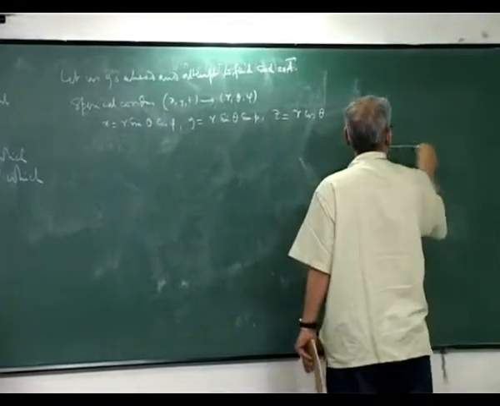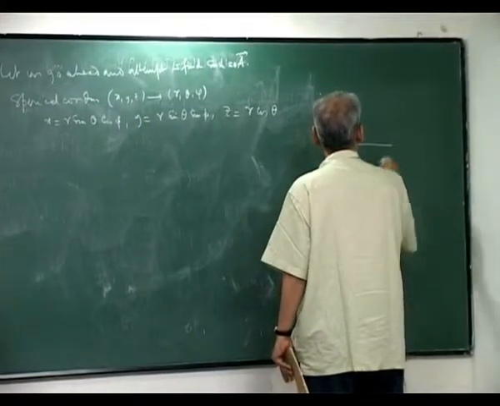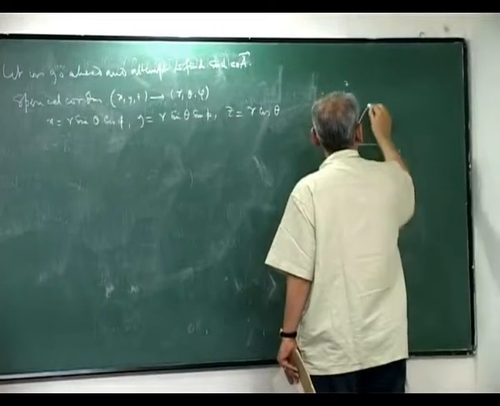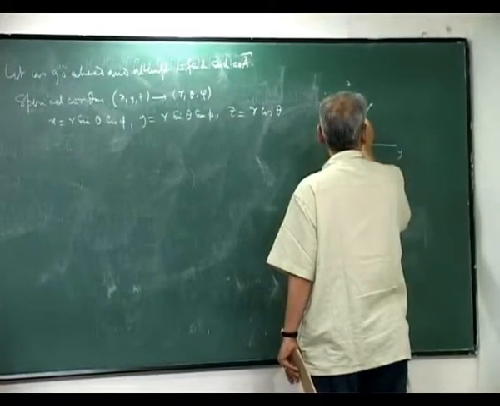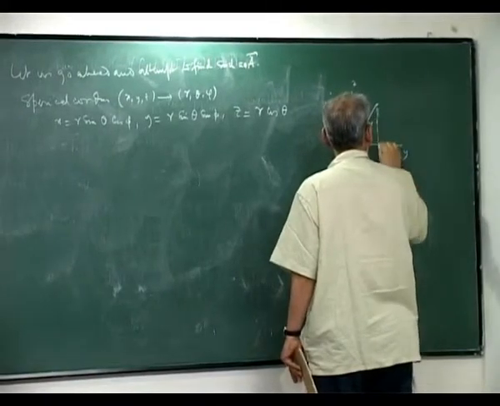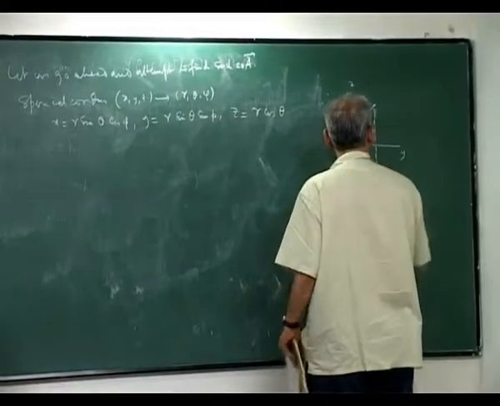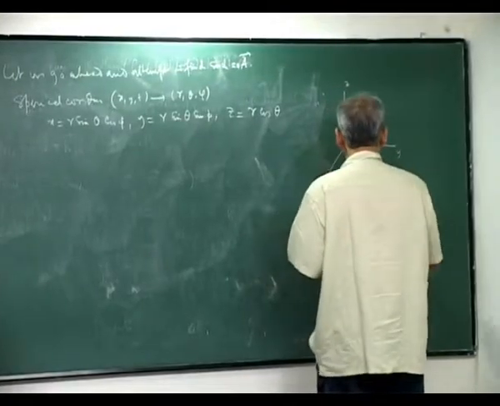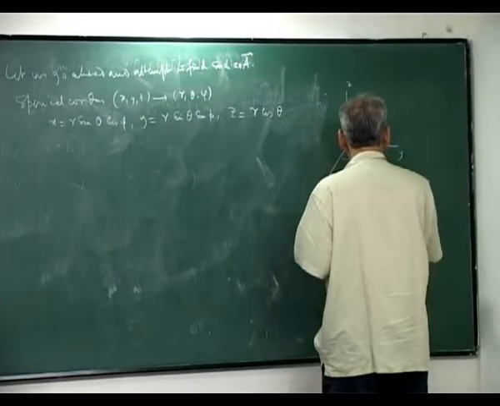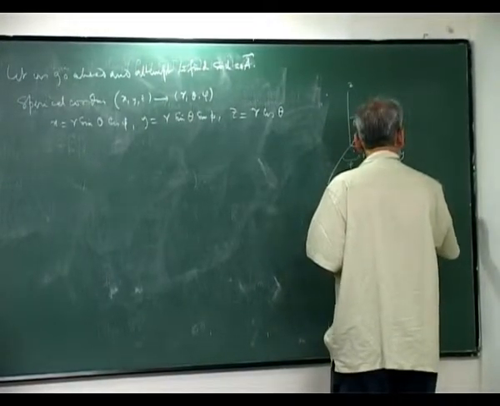So you have x, y, z, this is some point, this is r, this angle is theta, take the projection onto the xy plane, this is rho, and this angle between x axis and this is phi, and rho is r sine theta.